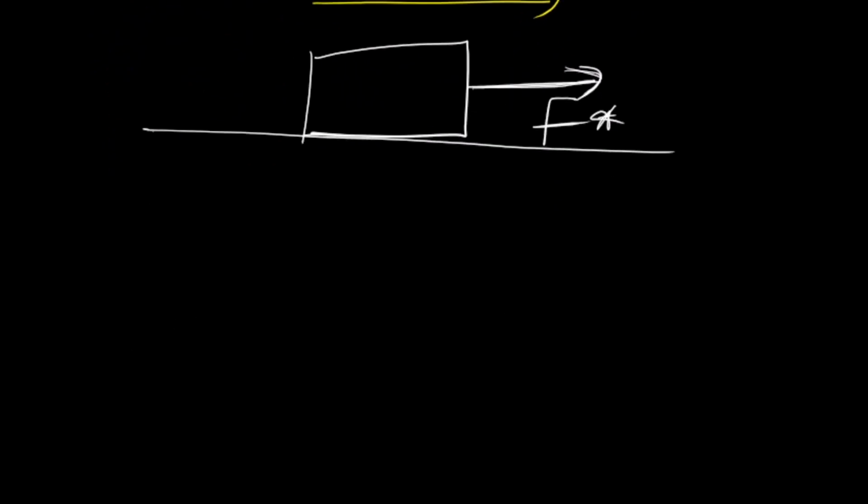Now let us explain this further. Let's say we have this object. This object experiences different types of forces. This is the force applied, and then we have kinetic friction, Fk.